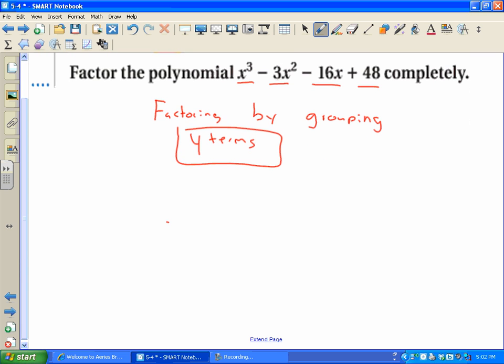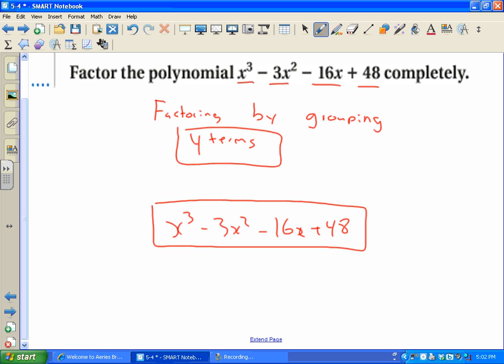It's pretty straightforward. We've got x cubed minus 3x squared minus 16x plus 48. With factoring by grouping, as I already told you, we're going to think about removing a common factor. You've seen that before, dividing out a common factor. This is the way you've seen it. And again, we've dealt with the box yesterday and some more today.